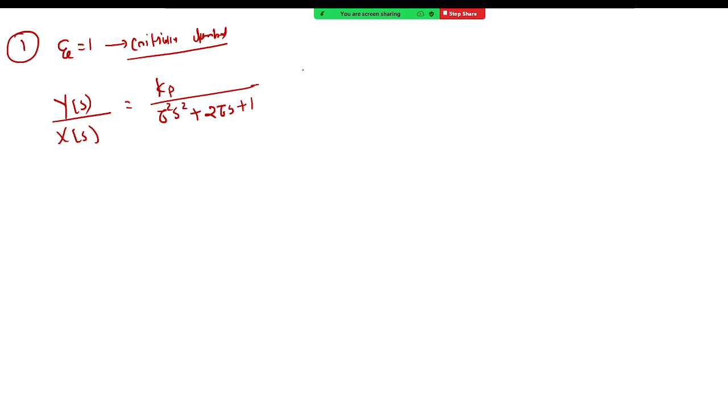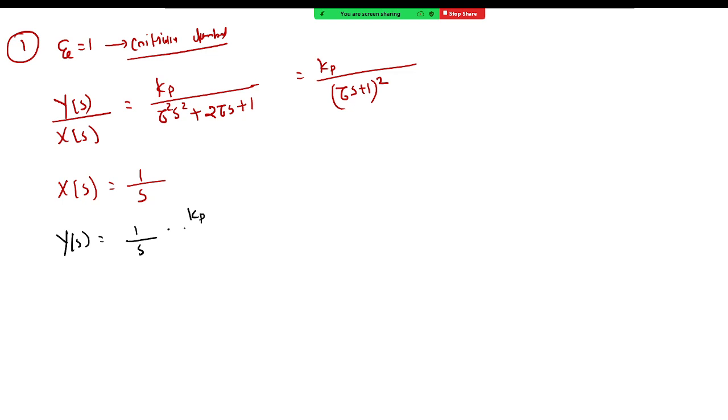So can I write that as Kp divided by tau s plus 1 whole square? Any doubt? Let's say I am giving a step input of magnitude 1, a unit step input. So what will happen? Ys is equal to 1 upon s into Kp upon tau s plus 1 whole square.